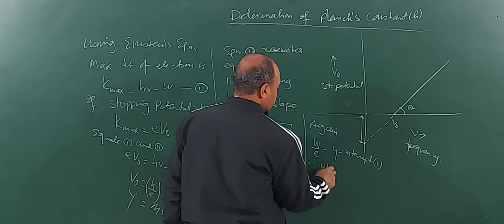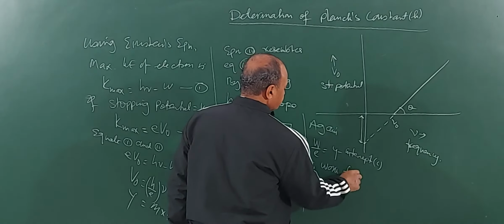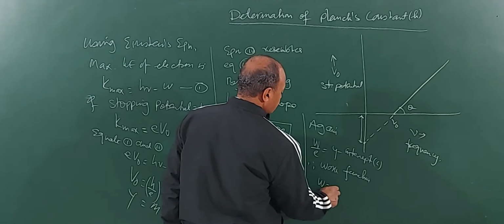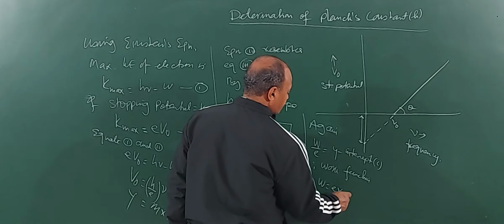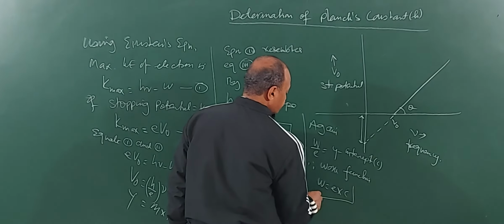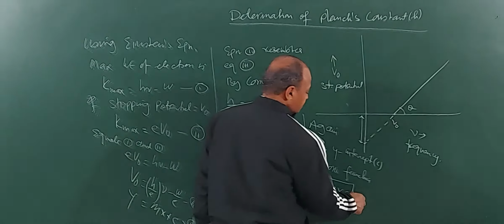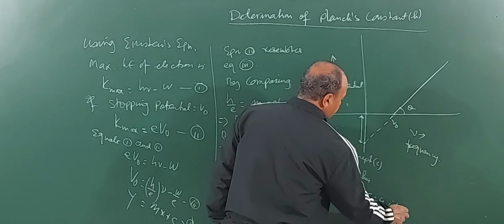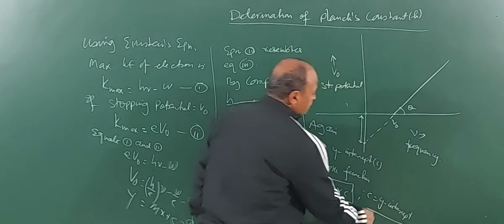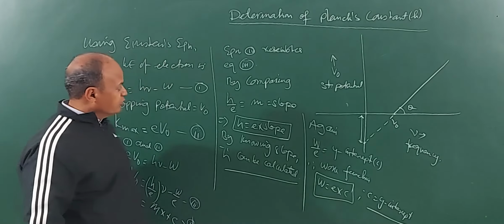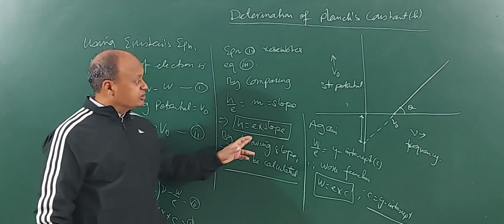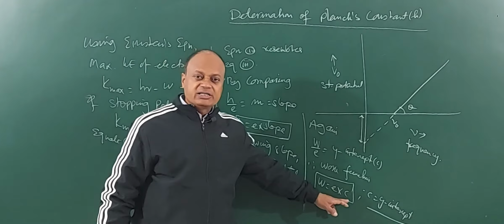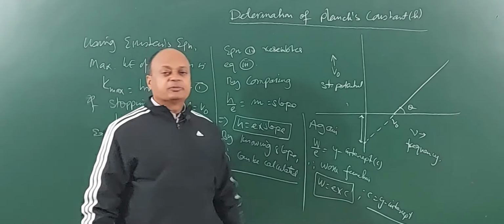Therefore, the work function W is equal to e into C. Well, what is C, children? C is the y-intercept. So children, by knowing the value of slope, we can easily determine the value of h, and by knowing the value of y-intercept, we can easily calculate the value of W.